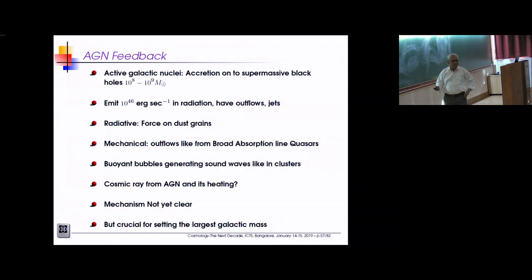Again, it's a very interesting subject, how exactly the energy from such a supermassive black hole gets channelized to bring about a feedback in star formation in a massive galaxy. There are various ideas. None of them are absolutely pakka, but it's crucial for setting the largest galactic mass.